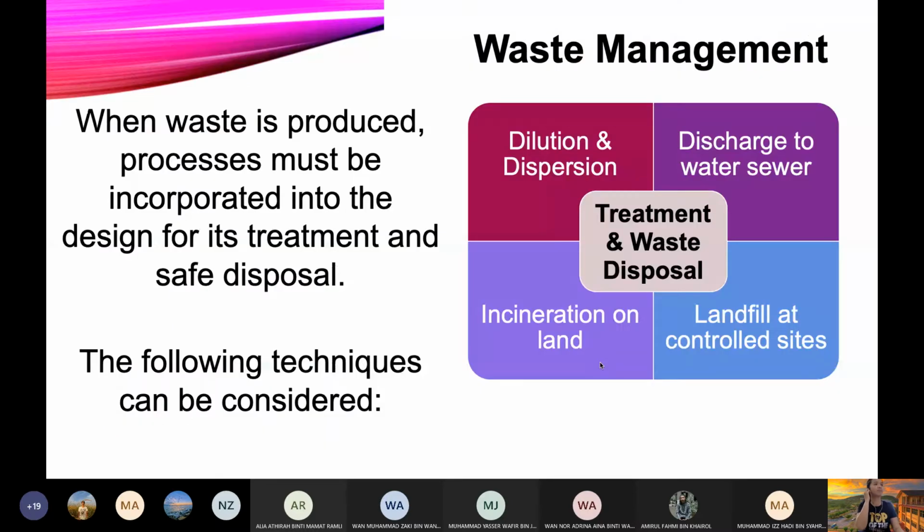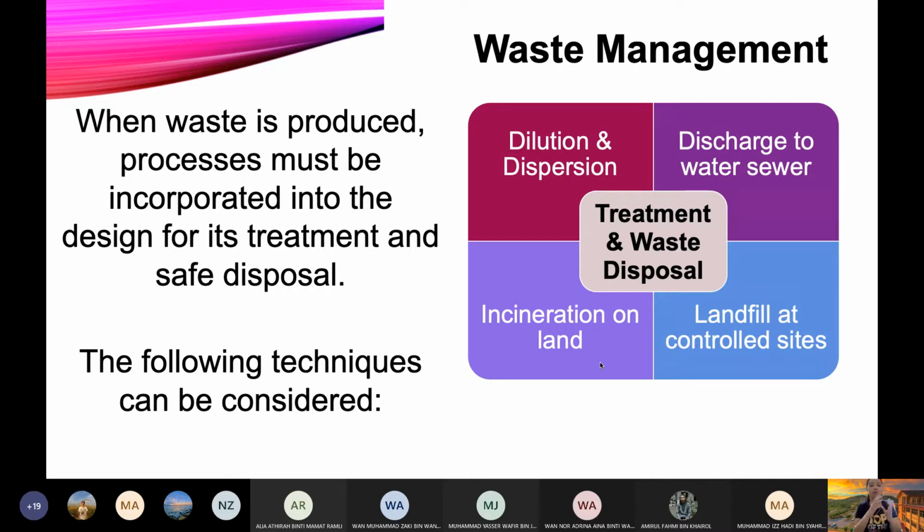Okay, next one. What if you have already produced waste? Okay, so tadi minimize. Kita nak kurang waste to reduce the amount of waste. Now that I have waste, okay, ada yang tak boleh elak, saya ada waste ni, how do I manage it? How do I manage the waste that has been produced? So this can be either treatment and then dispose.